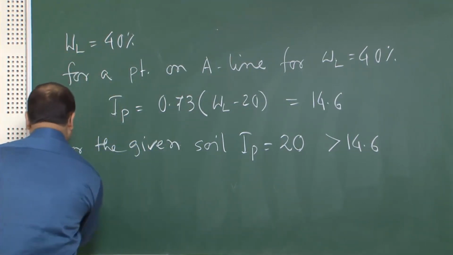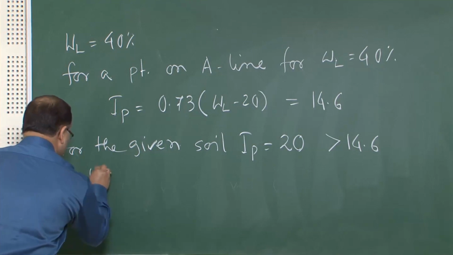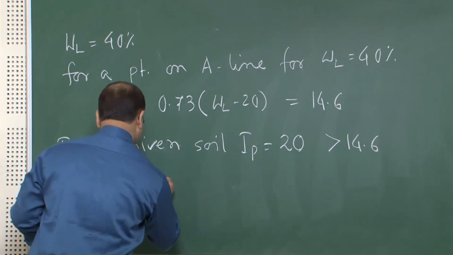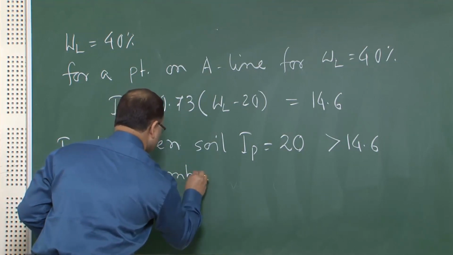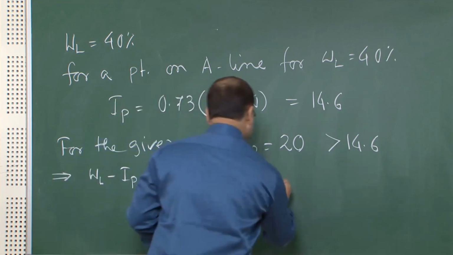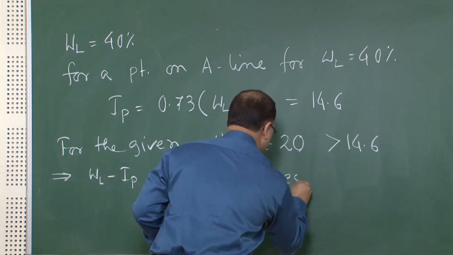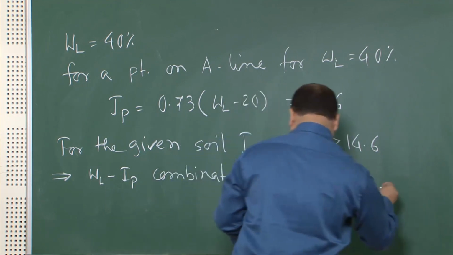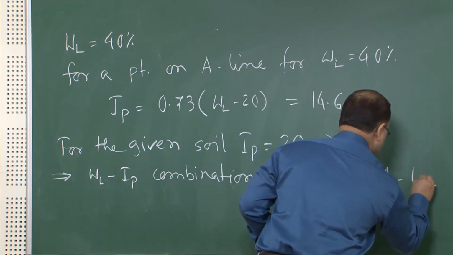So, your liquid limit and IP combination lies above A line.